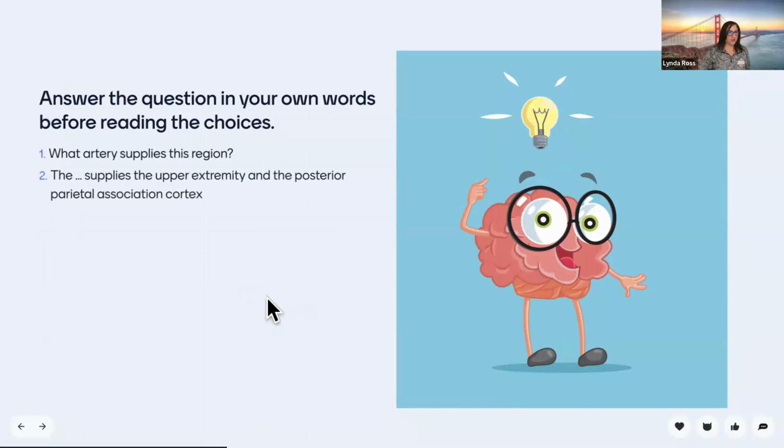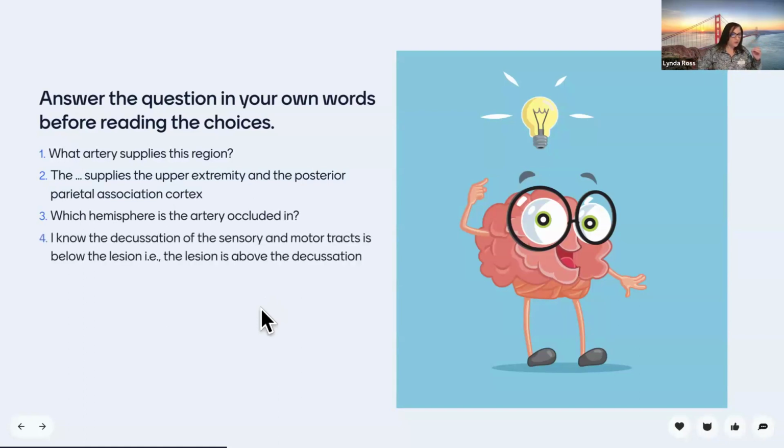So what arteries supply this region? These are the questions you'd be thinking in your head. The blank artery supplies the upper extremity and the posterior parietal association cortex. Which hemisphere is the artery located in, occluded in? I know the decussation of the sensory and motor tracts is below the lesion. The lesion is above the decussation.